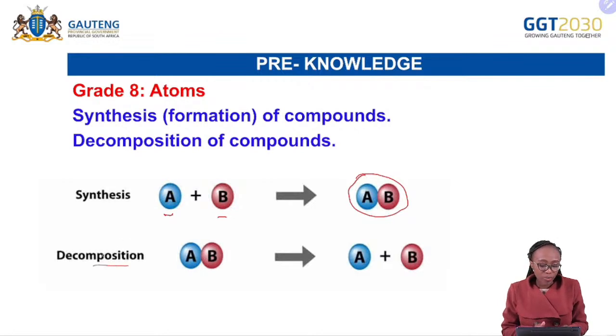And then in decomposition of compounds, if you remember the experiment that we did when we were decomposing potassium permanganate, we've got compound AB there, and then we use either electrolysis or thermal decomposition to decompose the compound. So this is where we are starting from and continuing further.